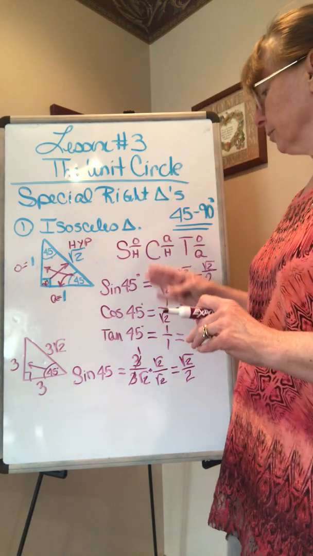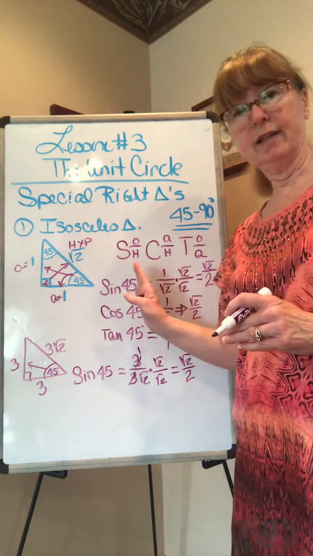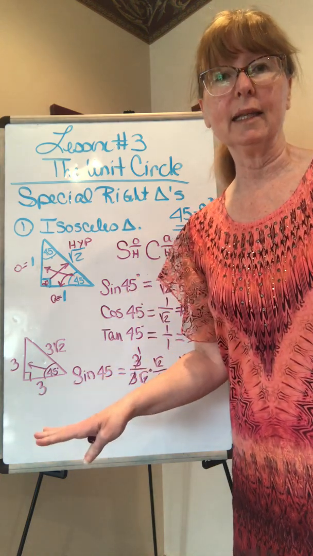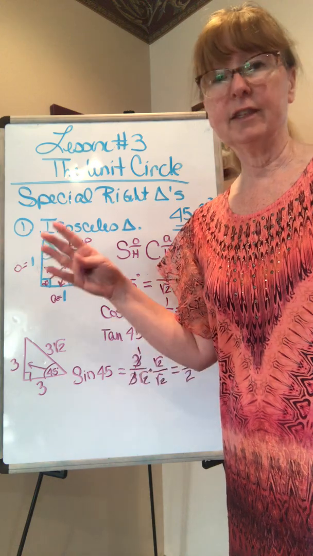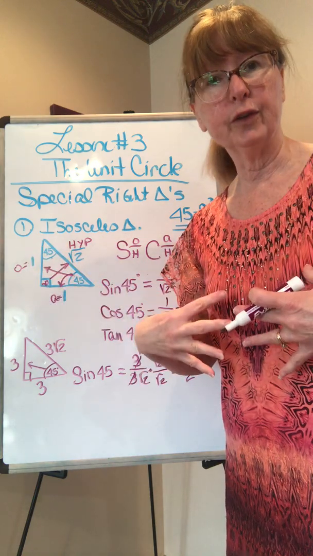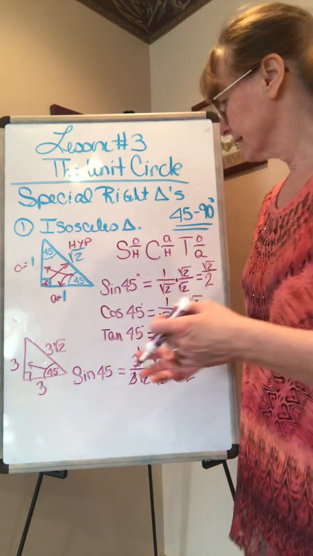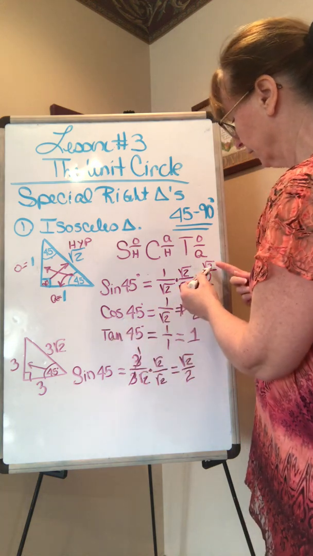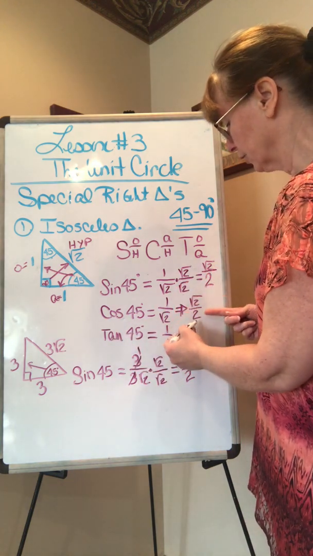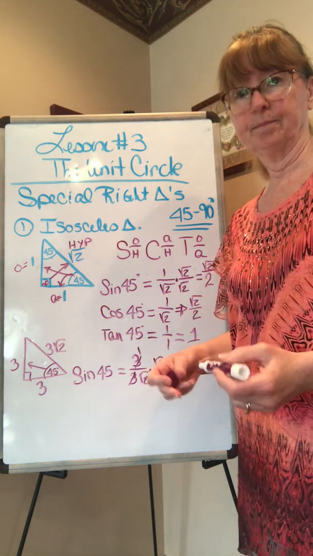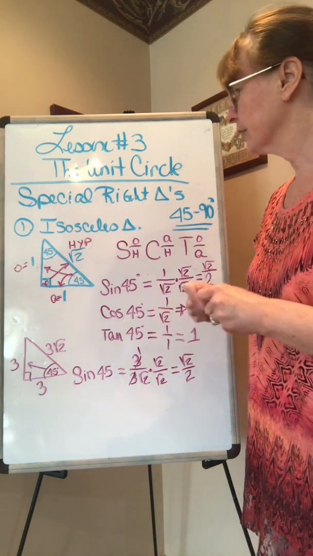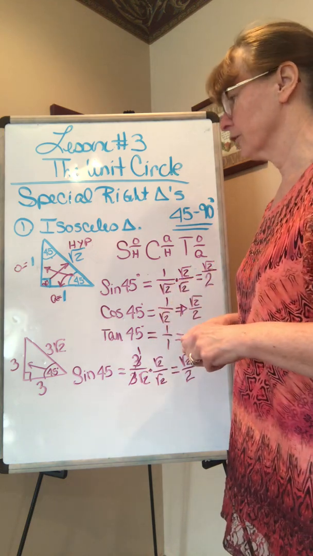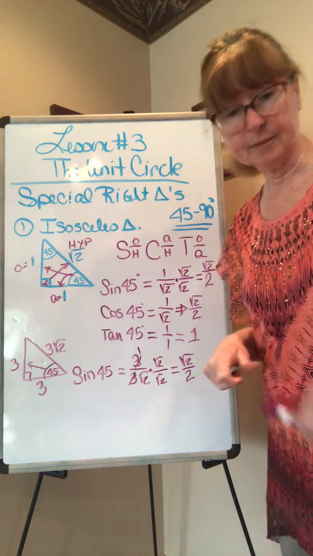So it's special because if you know this, you know it no matter what lengths they give you. If it's isosceles, it's always going to reduce down, and you will have rad 2 over 2 for sine and cosine and 1 for tangent. So that's the first important special triangle, the isosceles triangle.